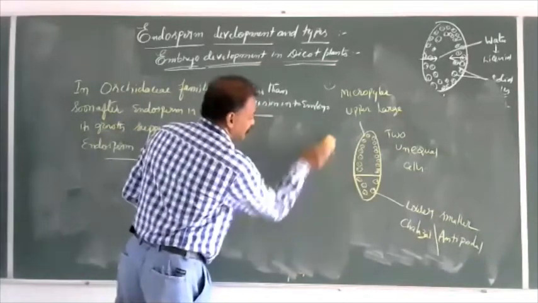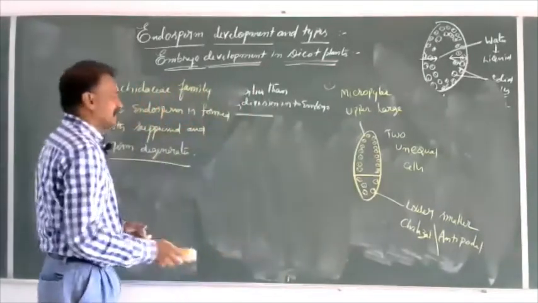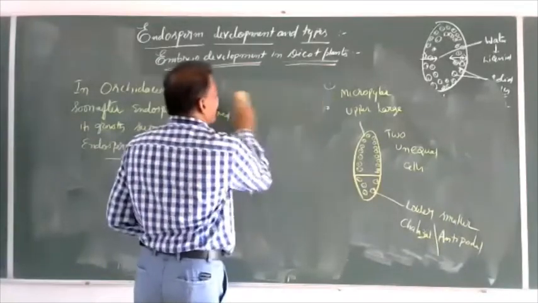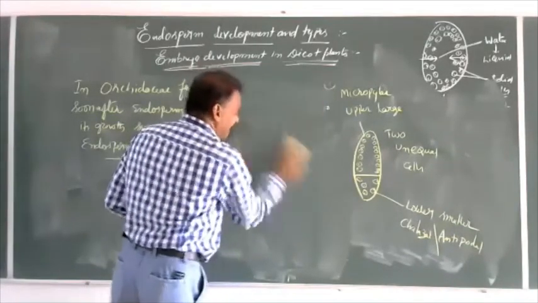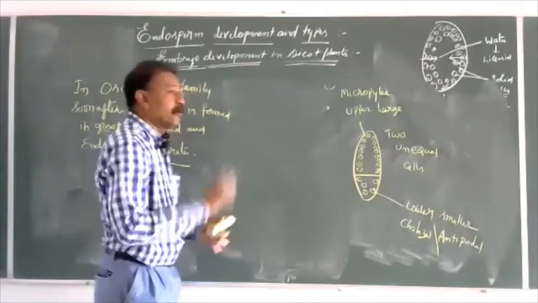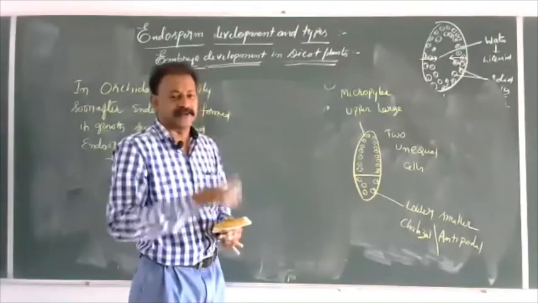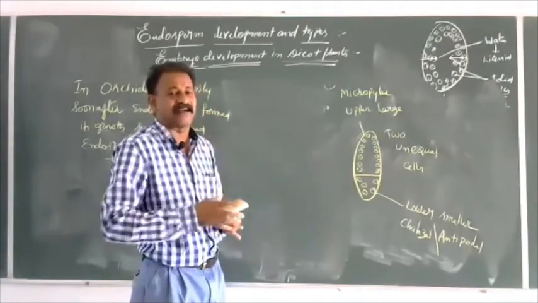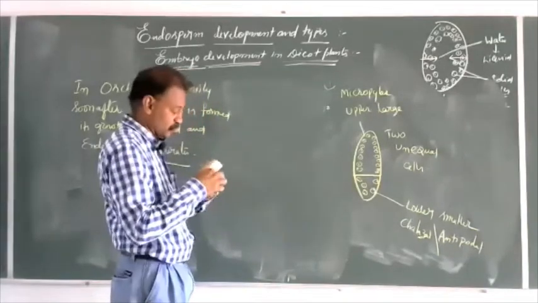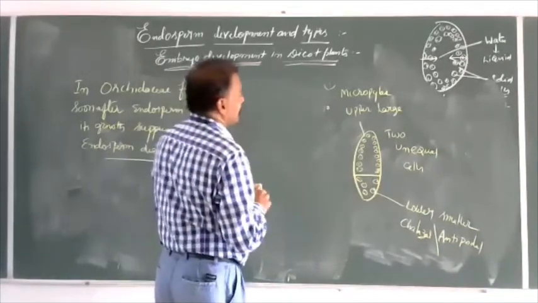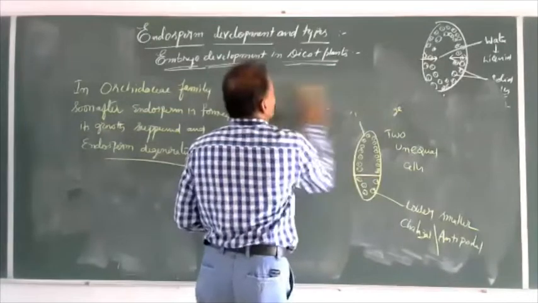Now, sir, is this endosperm present in all the seeds, when an ovule develops into a seed? So in a seed, is endosperm present or not? So, the fate of the endosperm. What happens next to the endosperm?